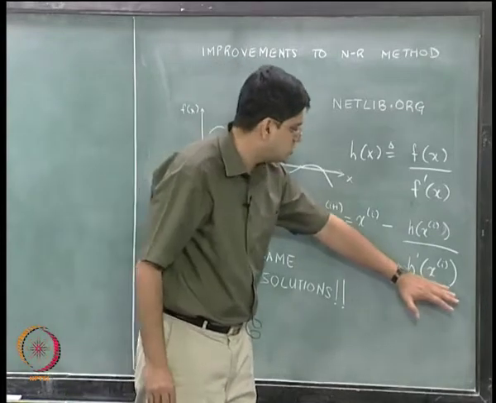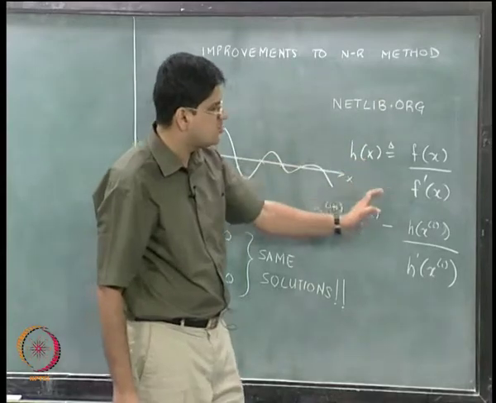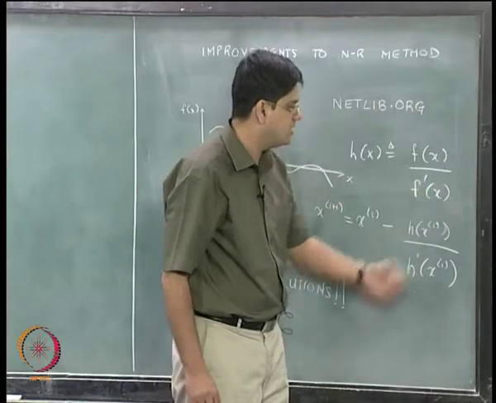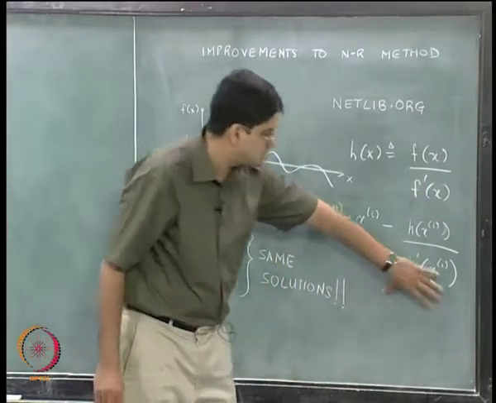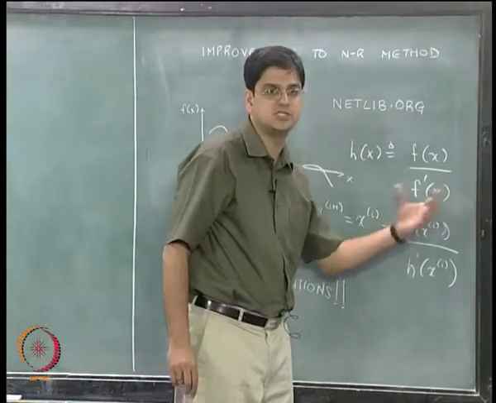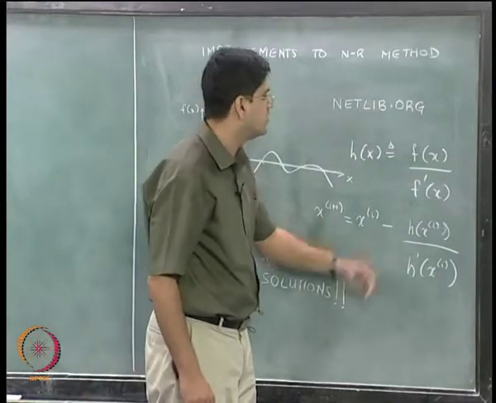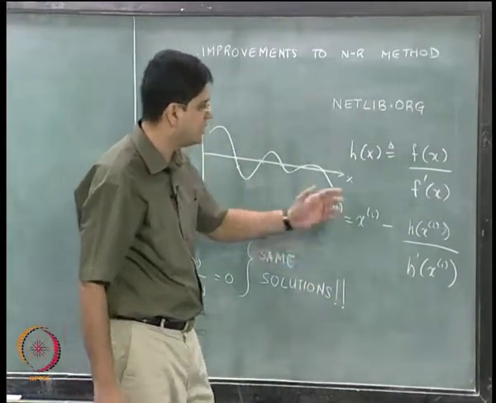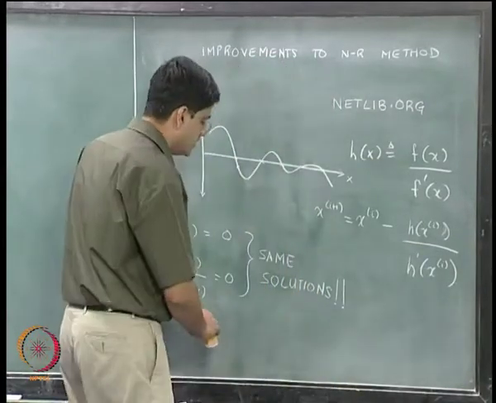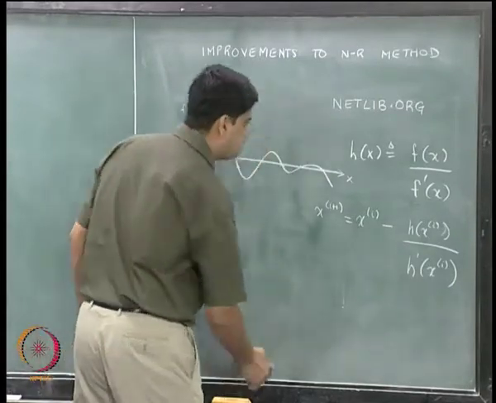What we can then do is expand this h prime as f prime squared minus f multiplied by f double prime, divided by f prime squared. That is what we will get over here, and h is nothing but f divided by f prime, and we can rearrange and get this overall expression. If you are interested, you can look at this particular method in any of the standard textbooks. We will just look at what this expression would mean.